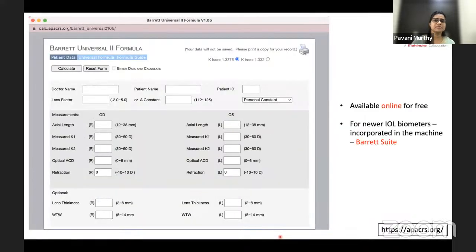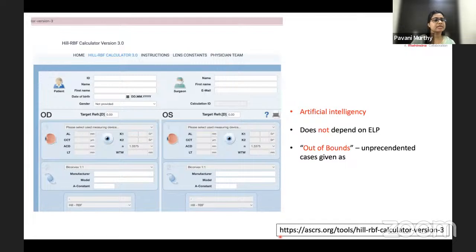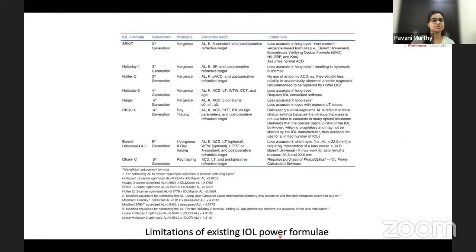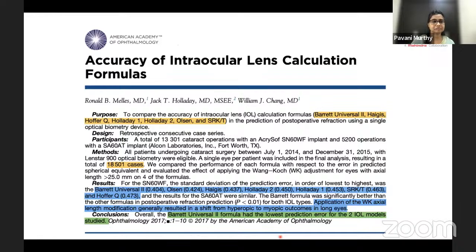Barrett Universal 2 is available online for free and in newer IOL biometers. It is incorporated into a machine known as the Barrett Suite, and gives K as well as toric IOL calculation. The Hill RBF version is an artificial intelligence. This does not depend on the ELP and it flags radius values as out of bounds, so you can remove those extra values.